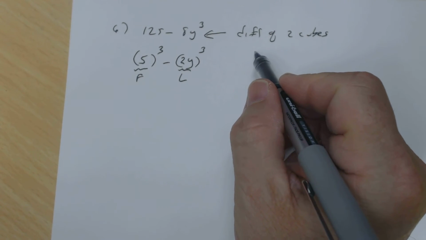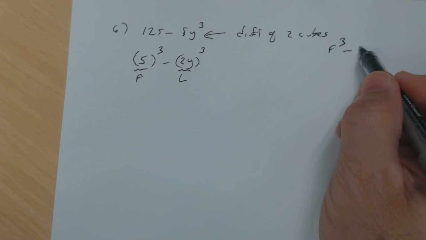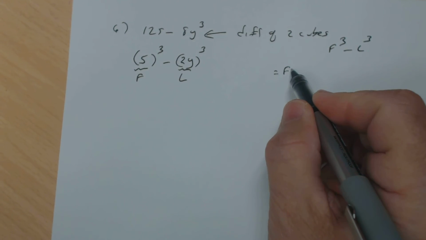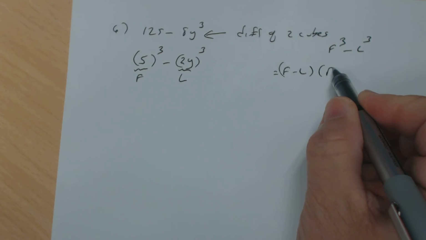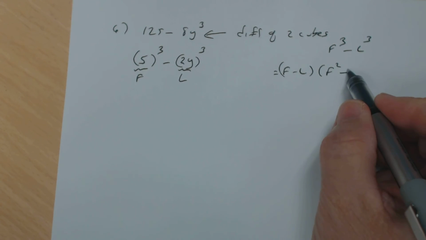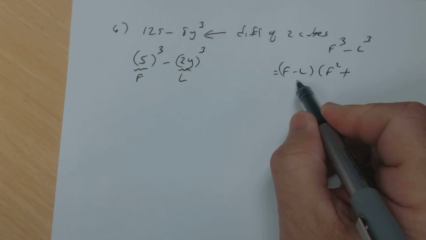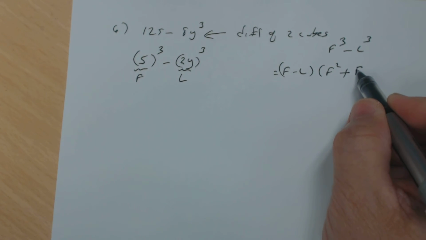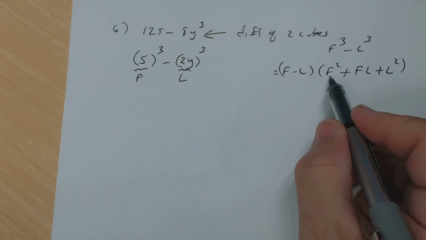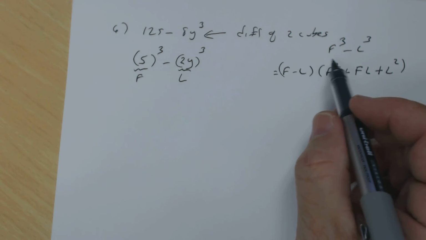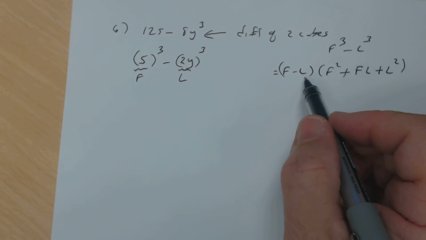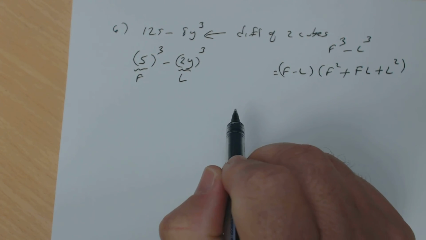So the difference of 2 cubes, I can factor as F minus L times F squared. So I square the first term right here, plus, you always change the sign here, plus the product of FL, and then plus L squared. And remember, if this is the difference of 2 cubes, or the sum of 2 cubes, you get a binomial times a trinomial.